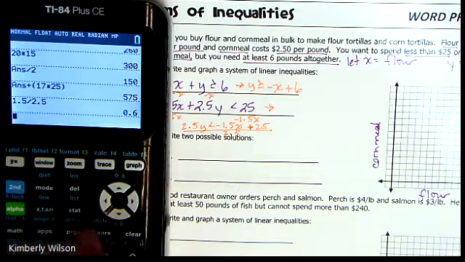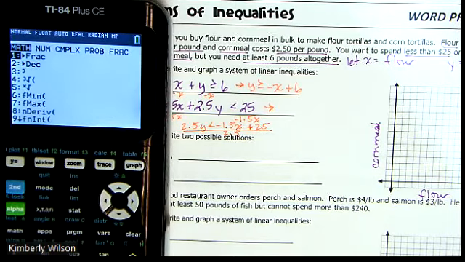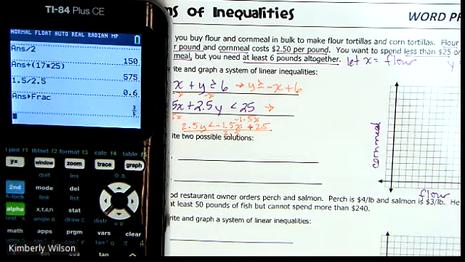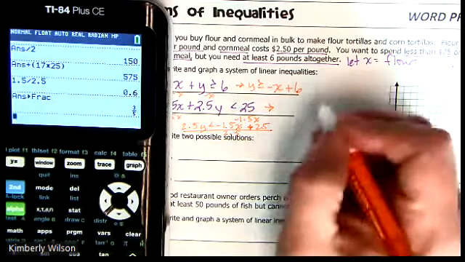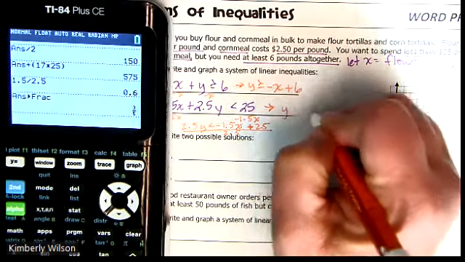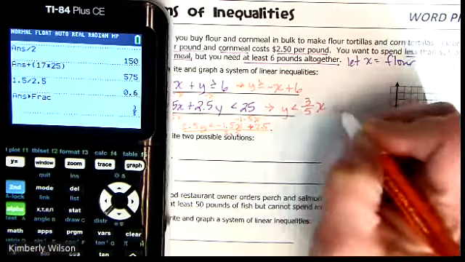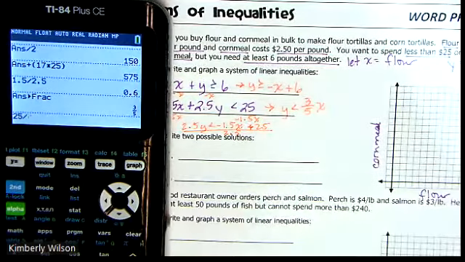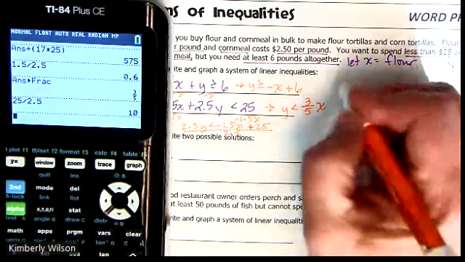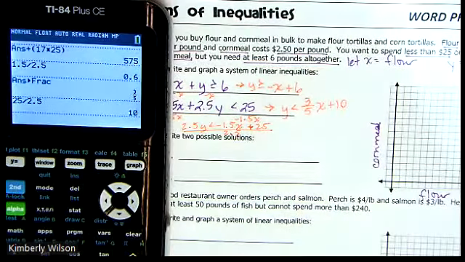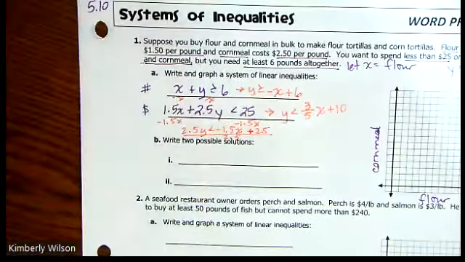Because I'm going to be graphing, I need it as a fraction, so I hit Math and change it to a fraction, press enter, and this is 3/5. So y is less than negative 3/5 x, and then 25 divided by 2.5 is plus 10. So there are my two equations that I'm going to use to graph.